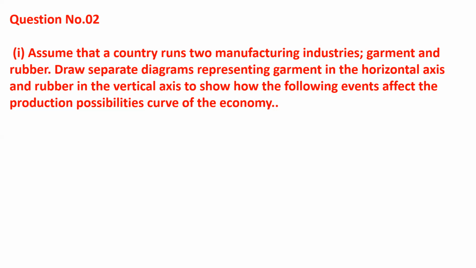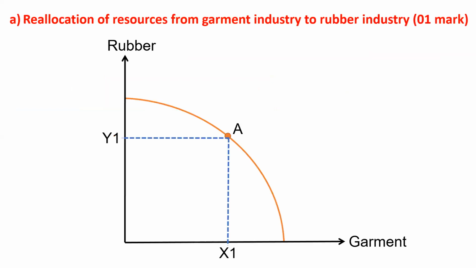No explanation needed. You have to just draw the diagram and leave it. Here you are given 2 goods, garment on the horizontal, rubber on the vertical. So the question comes like this. Rubber on the vertical, garment on the horizontal.